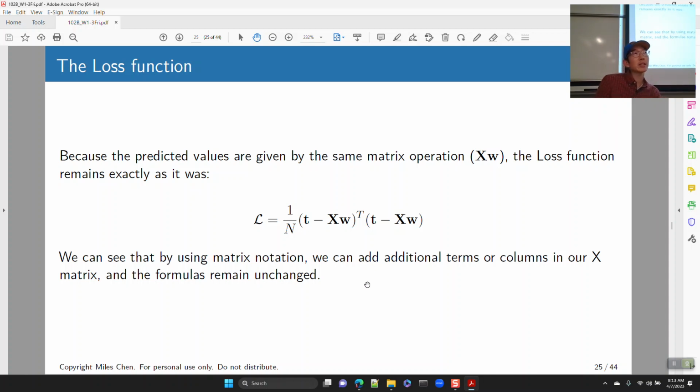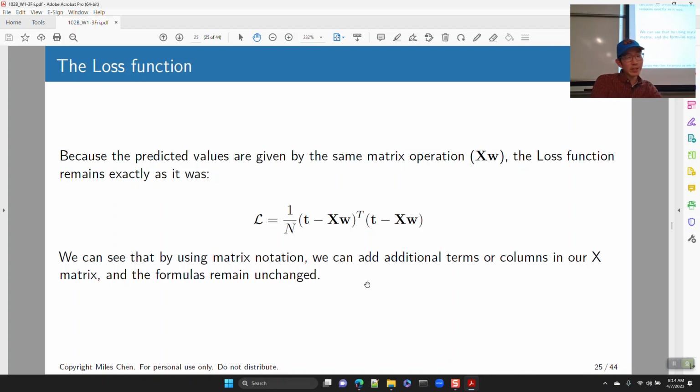Okay, and this is the beauty of working in linear algebra for these linear models, that we can add terms, right? So on Wednesday we said one way to solve for the weights is to do partial derivatives, and we can do the partial derivative with respect to W0 and the partial derivative with respect to W1, and we can solve for that.